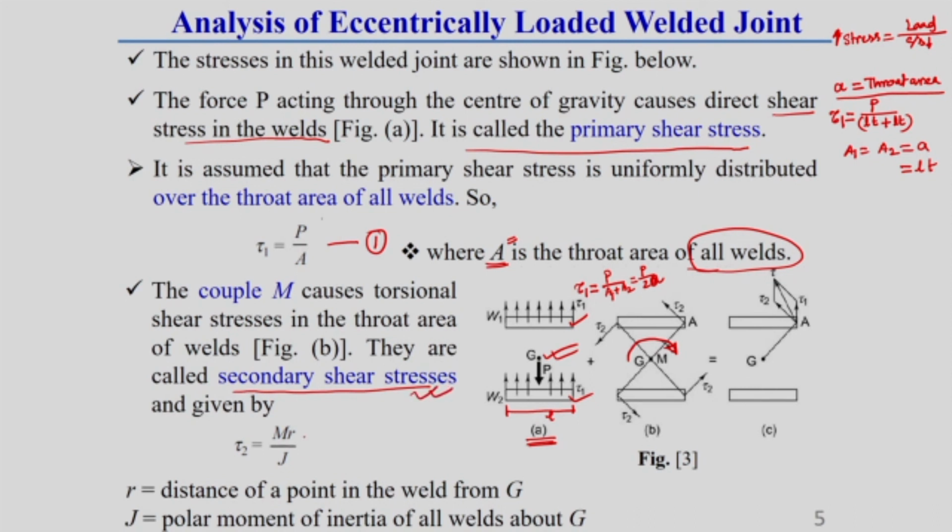We can represent this in terms of MR by J, which I am showing here by equation number 2. How is this coming? I will explain a little bit here, then it will be more clear to you.